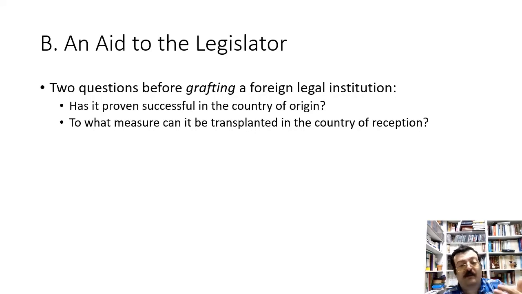For instance, in Lebanese law, the reformists of the commercial code should have asked, is the unipersonal company successful in France, before trying to transplant it in Lebanon? The second question would be, to what measure is it possible to transplant this foreign institution into our country? Here's the country of reception.